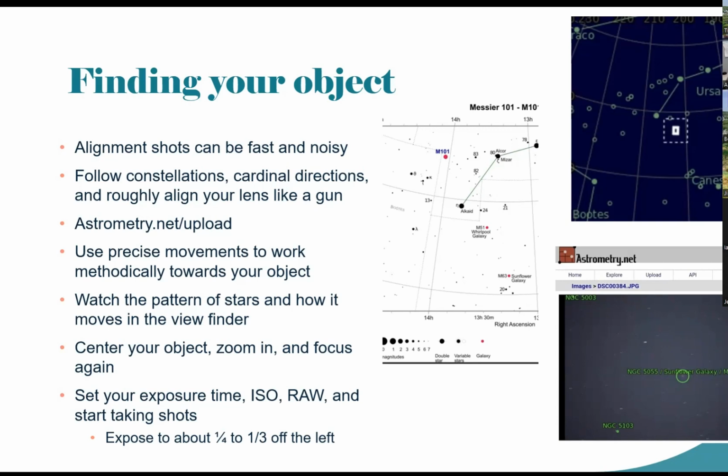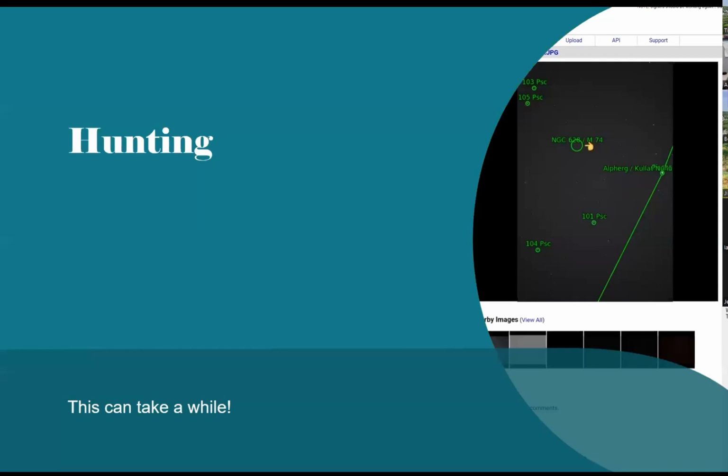In order to get locked onto your target, what I use is this website, astrometry.net/upload. What this does is allow you to plate solve an image. That means it's taking your image and comparing the locations of the stars in your image against a giant database, and then showing you, hey, 99% chance this is exactly what you're looking at.